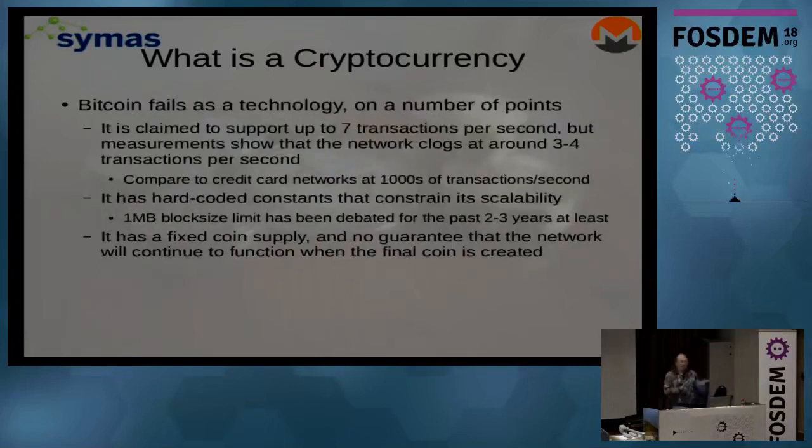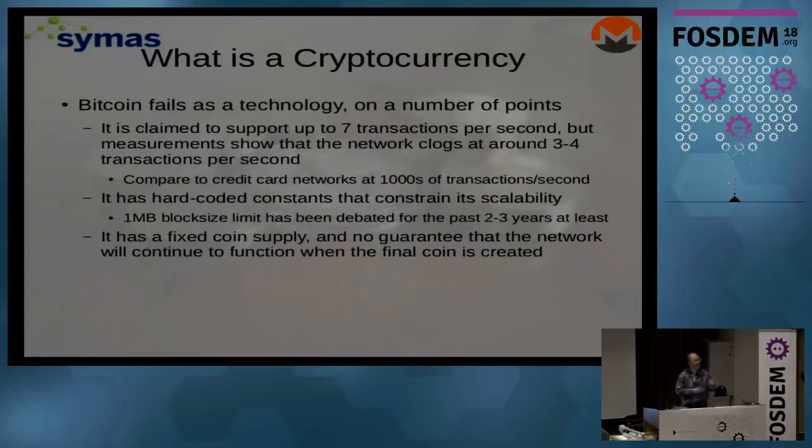Now, aside from its properties as a form of money, it fails on a number of technological points, all right? For the past 9 years, it has been claimed that the Bitcoin network can support up to 7 transactions per second.